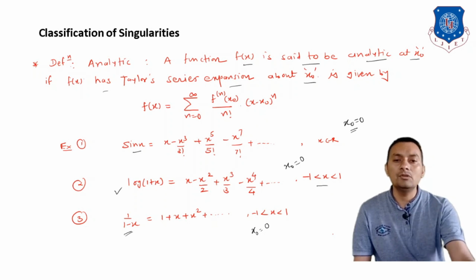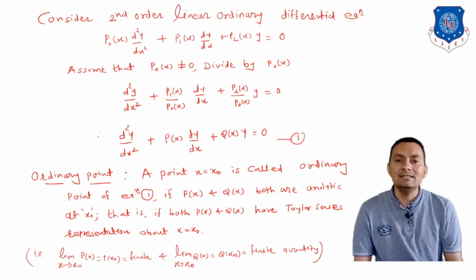Now let us move on to the next. Consider a second order ordinary linear differential equation. It should be clear that we are using a linear ordinary differential equation. That means the dependent variable and its differential coefficients are of degree 1, and they are not multiplied together.